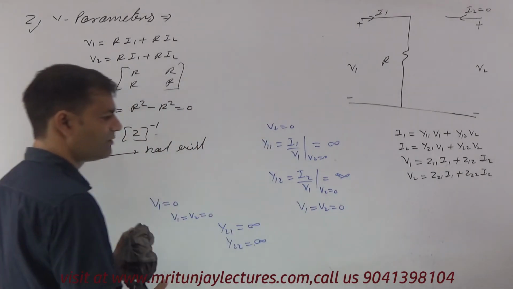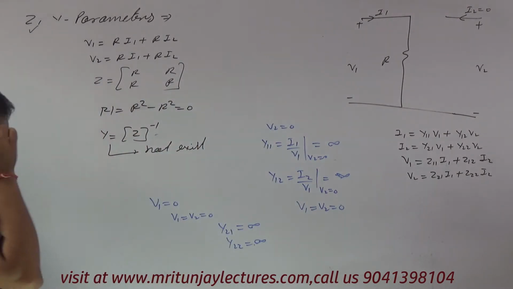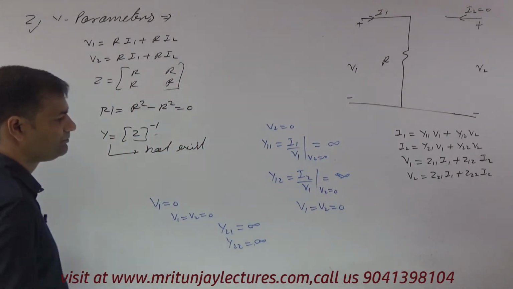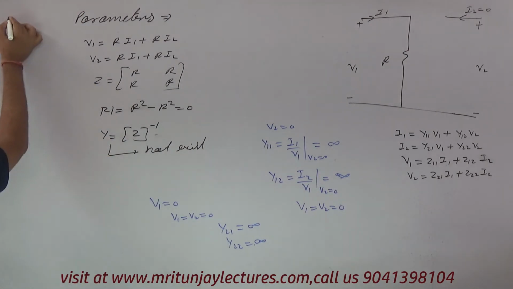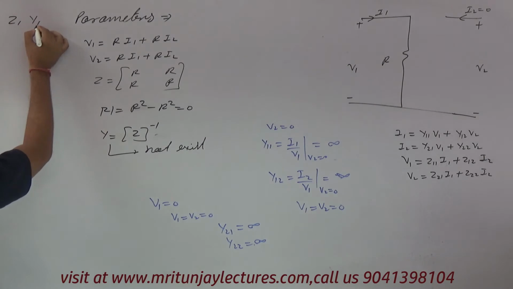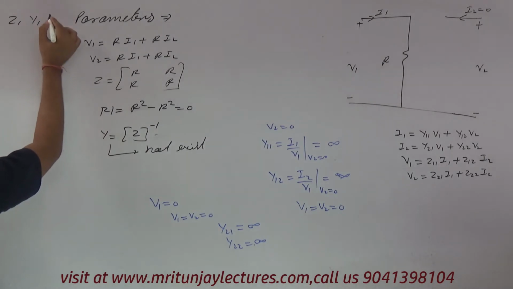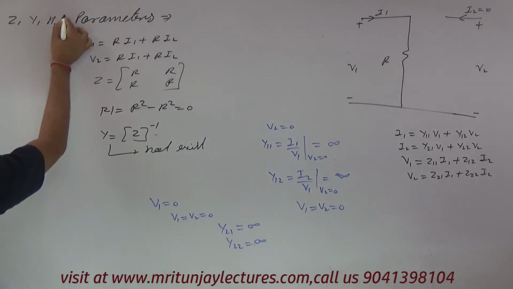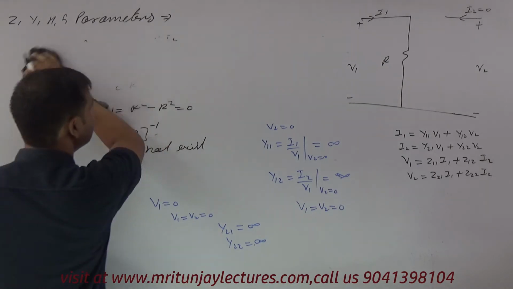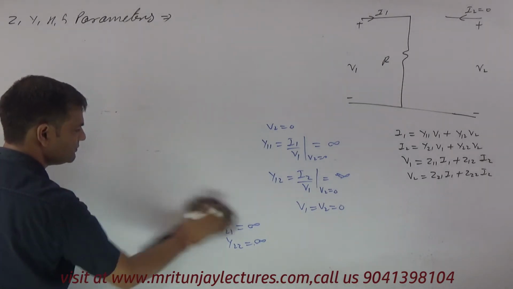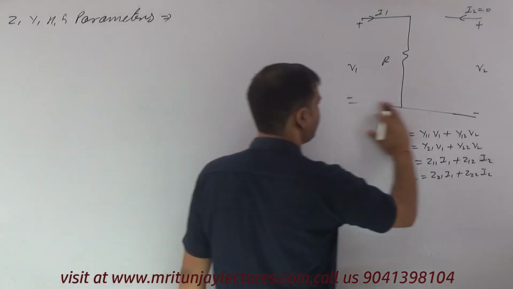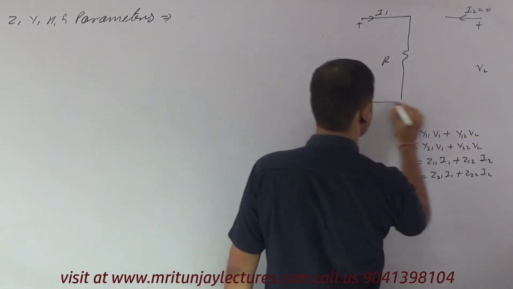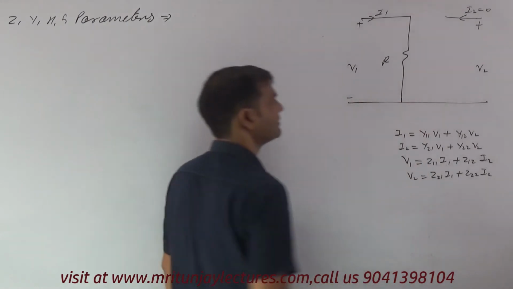Our motto is to determine all parameters corresponding to this circuit: Z, Y, H, and G also. Now, how do we determine them? First of all, make the circuit corresponding to this one.